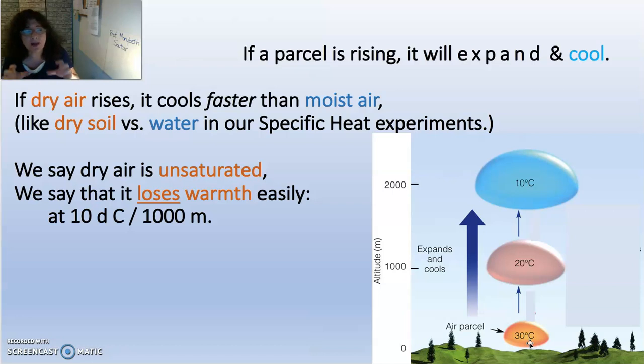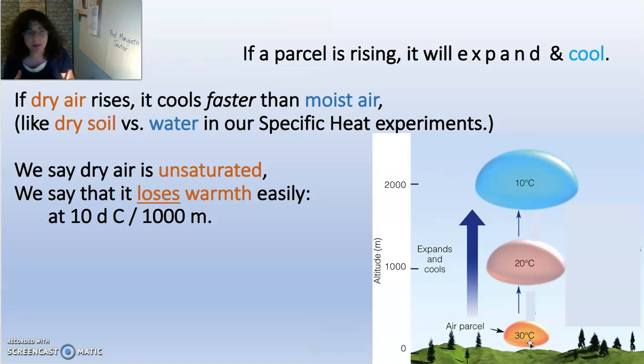And you found that the dry soil emitted heat faster and lost that heat faster than water. And so it makes sense that water has an effect, and that dry gas can cool faster than a gas that has more moisture in it.